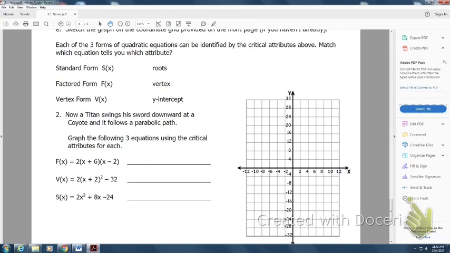But real quick right here, let's do a little fun game of matching. Okay? So, on here, Noah, the standard form is going to give us what piece of information? The standard form?